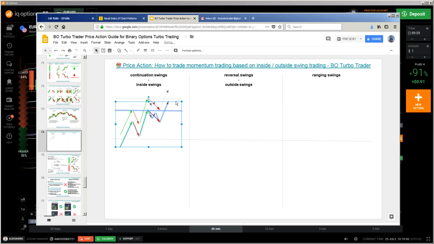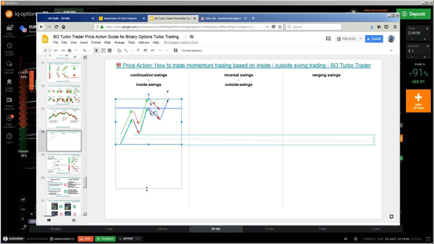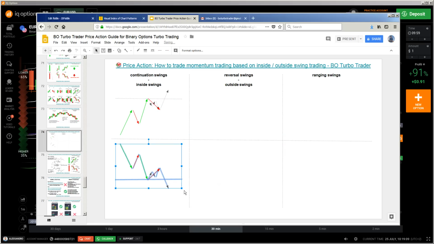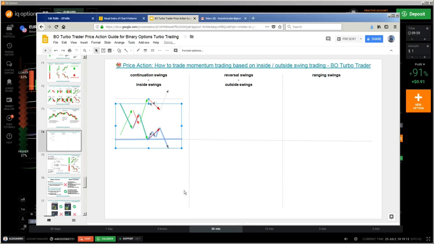So I will copy this. I will put this here on the same high, and then I will remove this. Let me show you. If we have the same high, okay, it's okay.